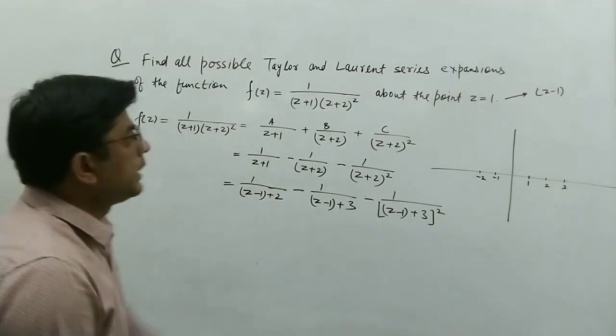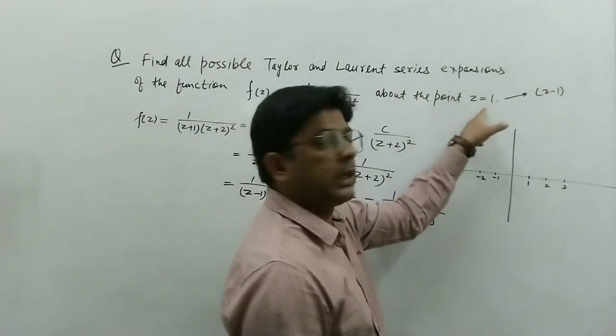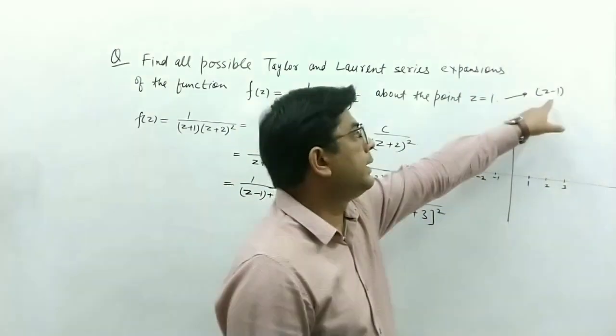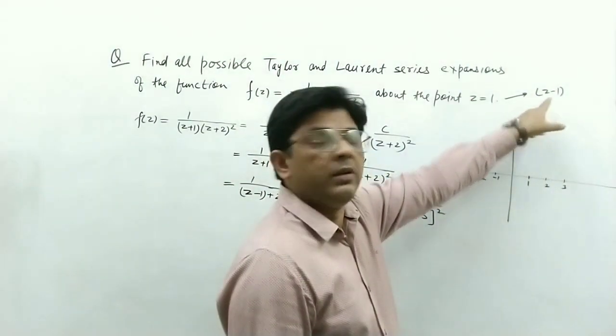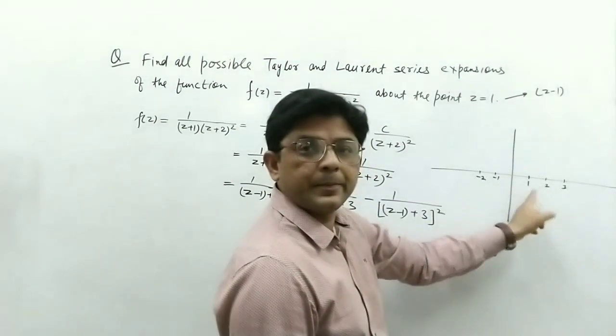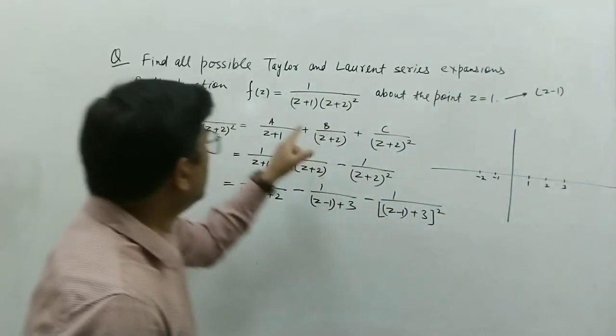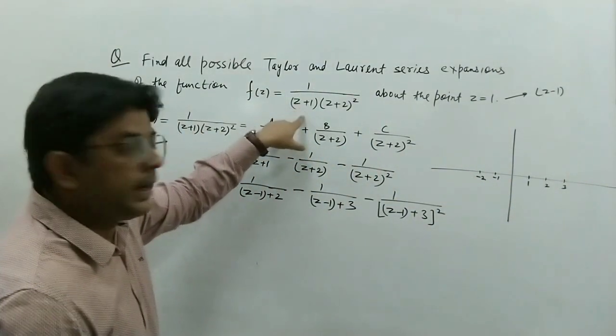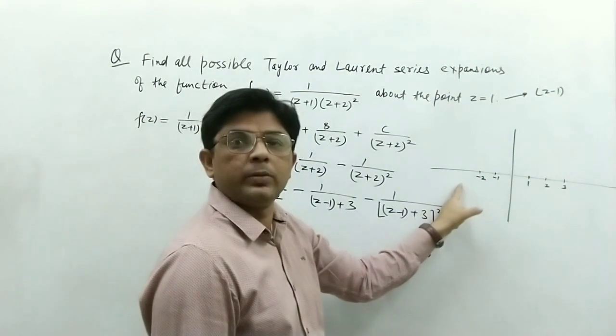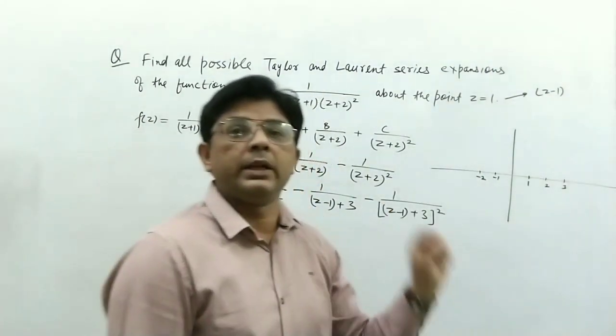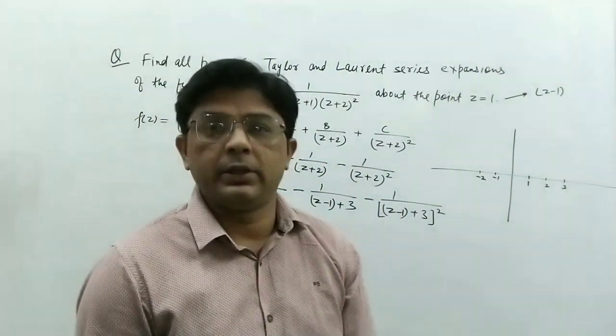We have to find the expansion about z equal to 1, that is we have to take a circle with center at 1. But the function is not analytic at z equal to minus 1 and z equal to minus 2. It means the points z equal to minus 1 and z equal to minus 2 should not be there.